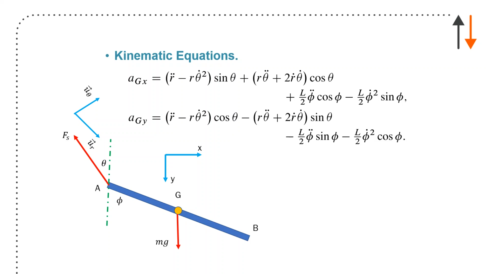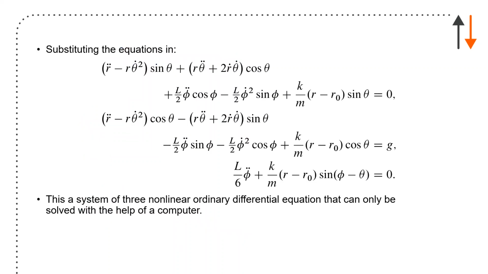Now that's for AGX. I get the same sort of relationship for AGY with some signs flipped. Now that sounds terrible. It's a little bit terrible, but it's actually kind of exciting that you can get all of this in a relatively painless way.